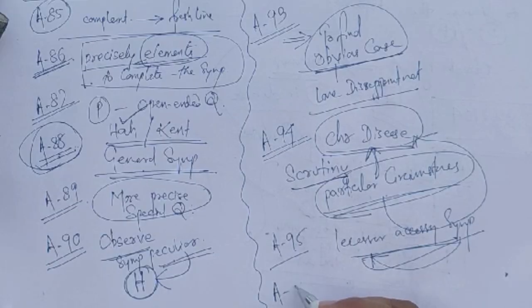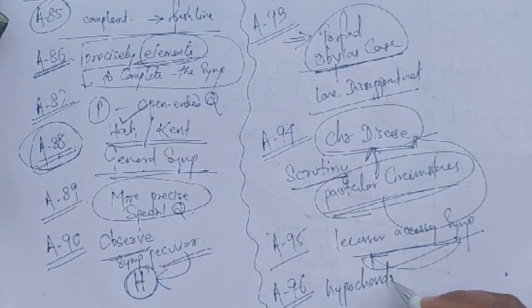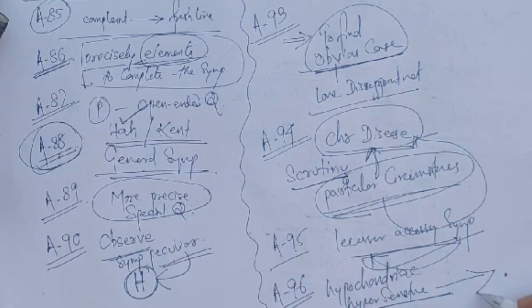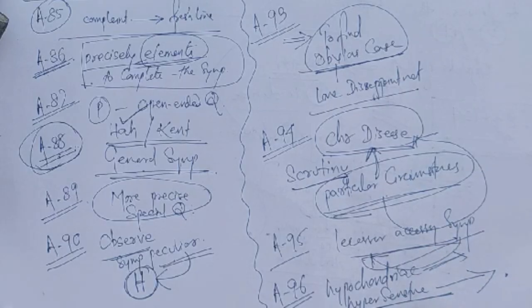Now aphorism 96. This is dealing with hypochondriac or hypersensitive patients. छोटी सी बात बड़ी बड़ी और उसी की सोच में डूबे रहते हैं. हाइपर सेंसिटिव, small things hurt, and hypochondriac patients, how to deal, and hypersensitive patients, how to deal.